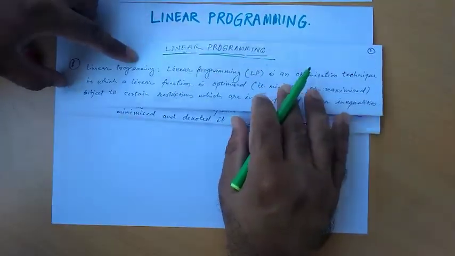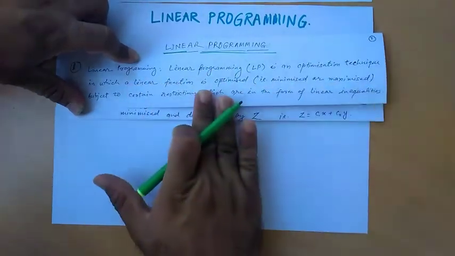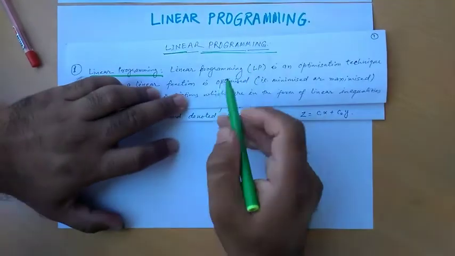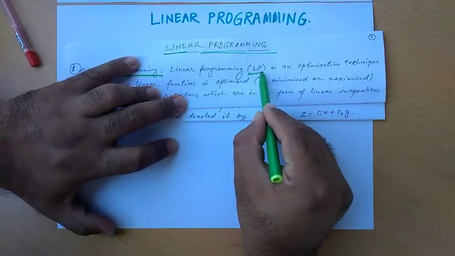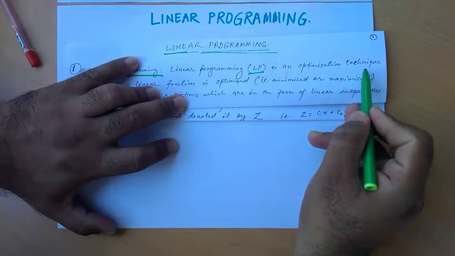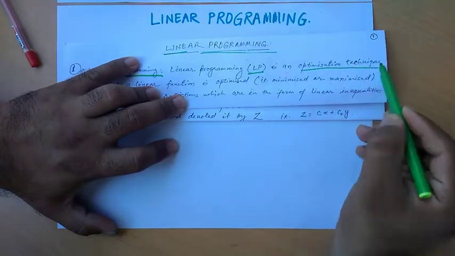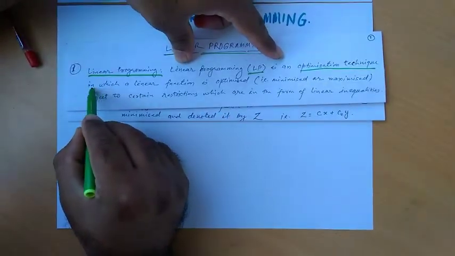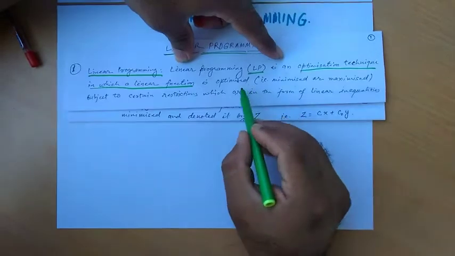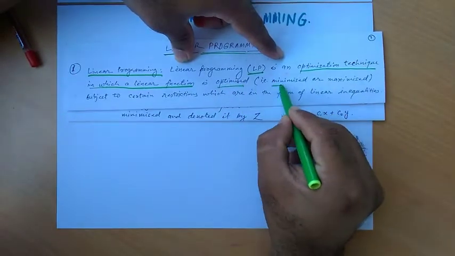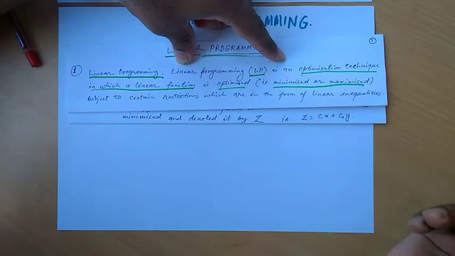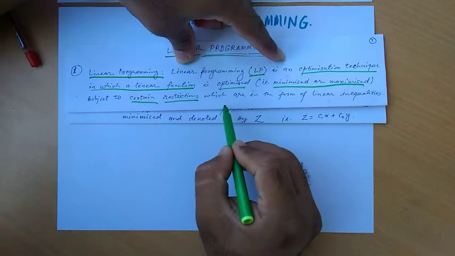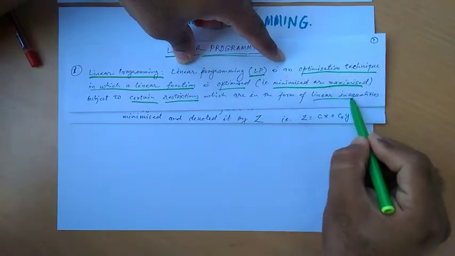Linear programming, also known as LP, is an optimization technique in which a linear function is optimized, said to be minimized or maximized, subject to certain restrictions which are in the form of linear inequalities.